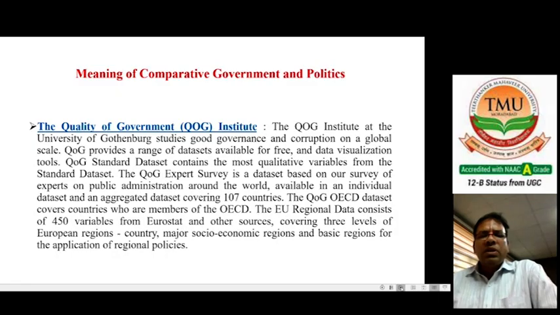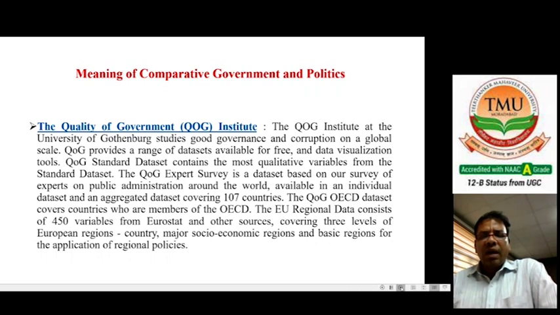Another institution is the Quality of Government Institute. The Quality of Government Institute at the University of Gothenburg studies good governance and corruption on a global scale. It provides a range of databases available for free, and data visualization tools. The Quality of Government standard data set contains the most qualitative variables from the standard database.